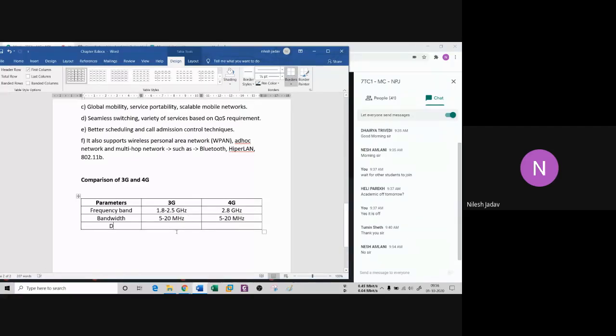Data rates are quite similar, with a very slight change: it ranges up to 2 Mbps, and this sometimes gets to 20 Mbps and more.